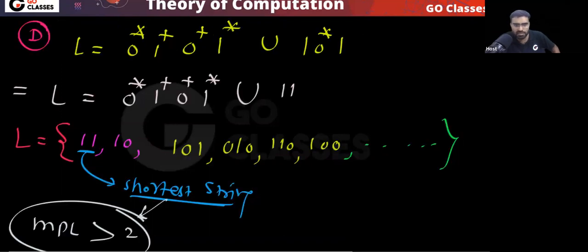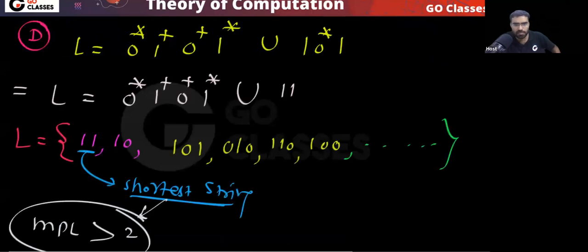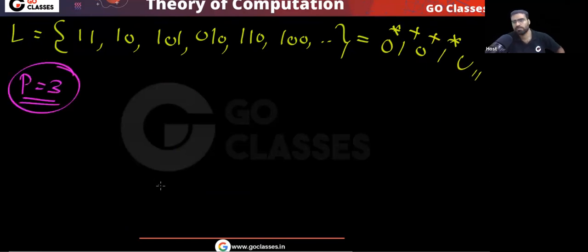Basically your language is 0*1+0+1* union 11. So tell me, will P equal to 3 work? Let me check whether it will work or not.